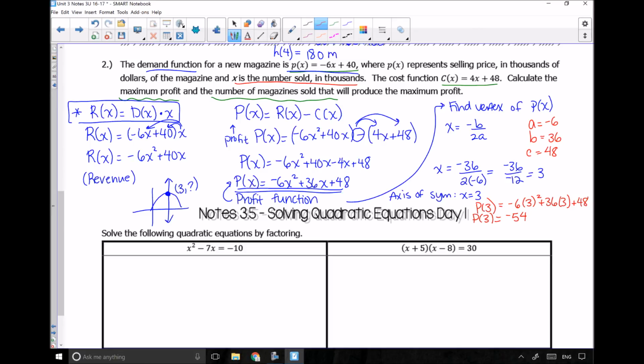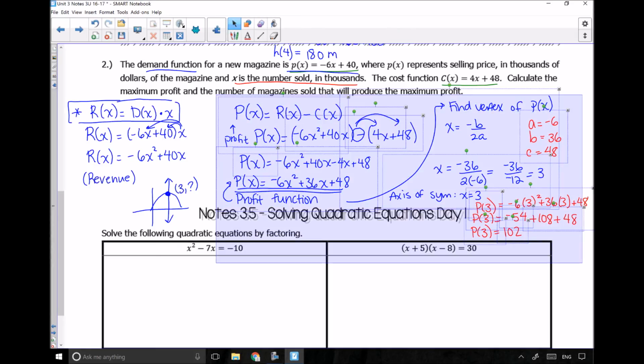Then 36 times 3 gives me 108, and then I add 48. So P of 3 is equal to negative 54 plus 108, which is 54, plus 48 is 102.